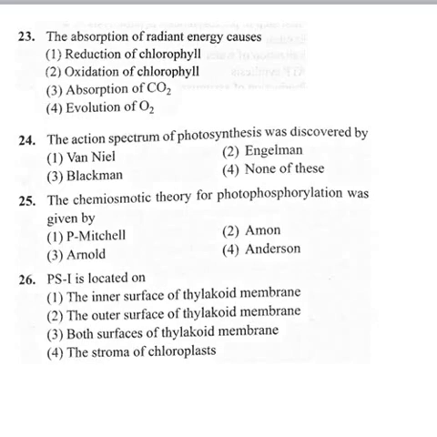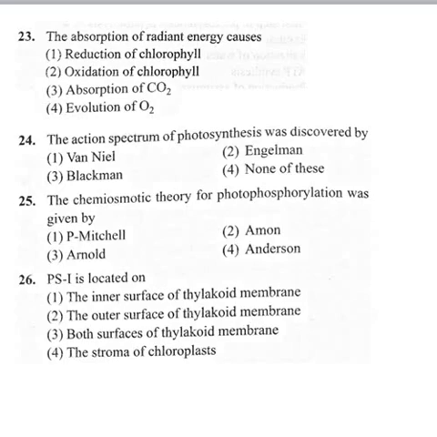So in chemiosmotic theory, they explained the accumulation of protons in the lumen and how the ATP is synthesized during the movement of protons from the lumen to the stroma, that is proton gradient. So breakdown of the proton gradient results in the formation of the ATP. That is explained by chemiosmotic theory. So correct option for the 25th question is Peter Mitchell.